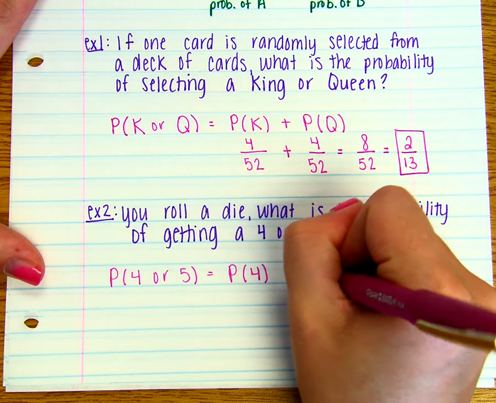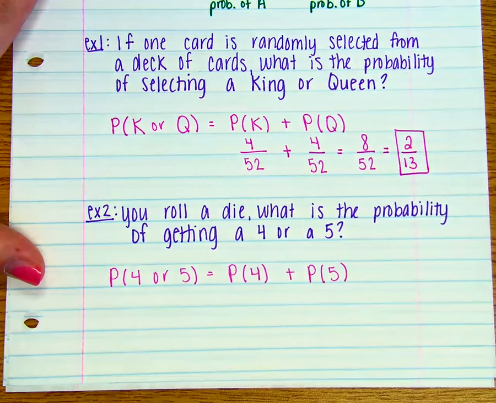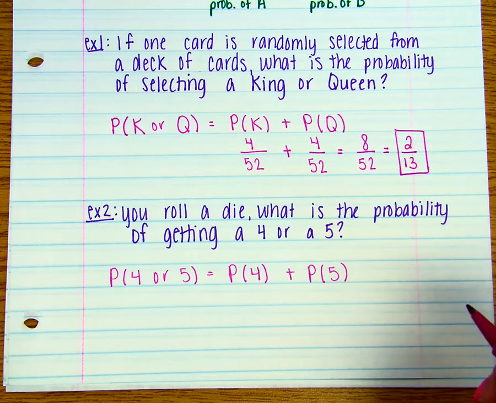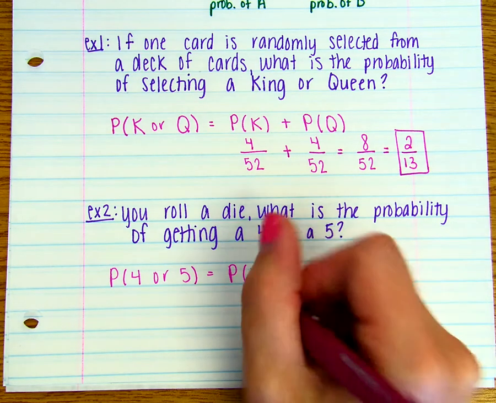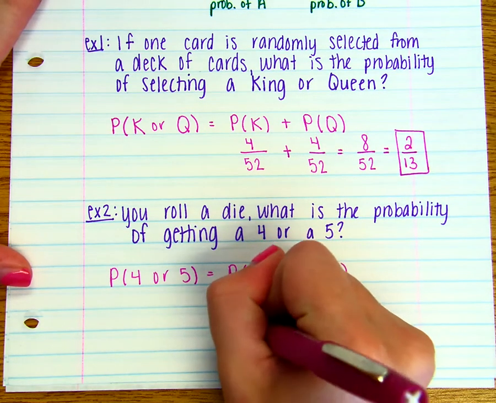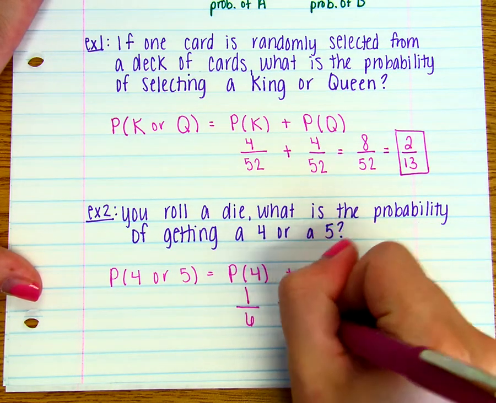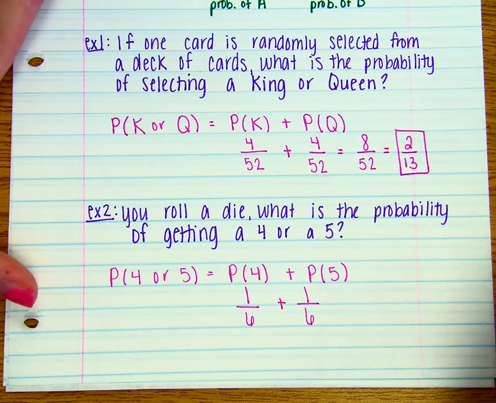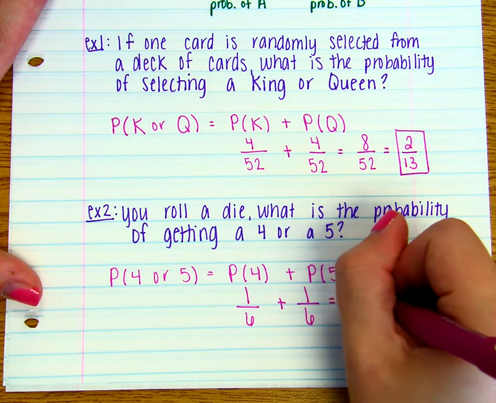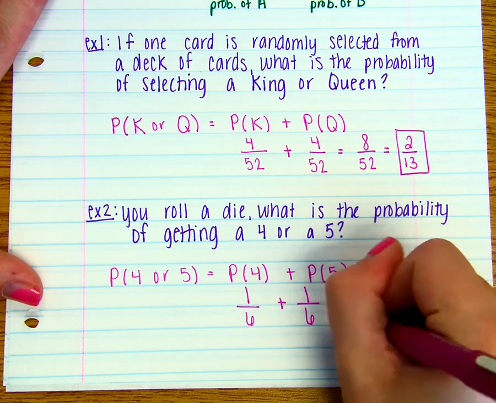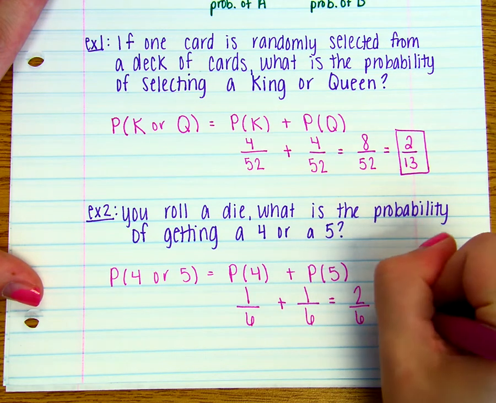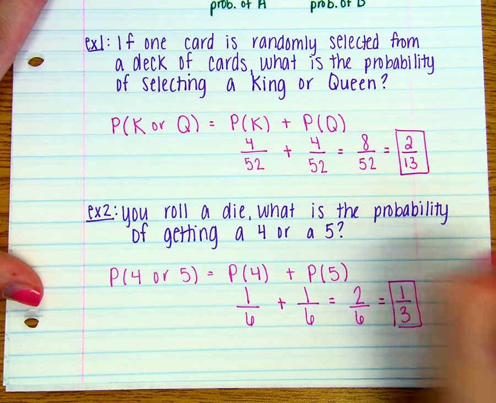So the probability of a 4 plus the probability of a 5. So the probability of the 4 on the dice, well, there is 1 four out of 6 sides altogether, plus 1 five out of 6 sides altogether, equals 2 over 6, which reduces to 1/3.